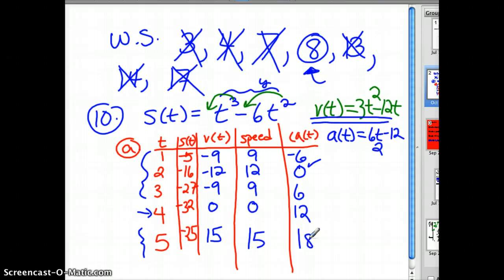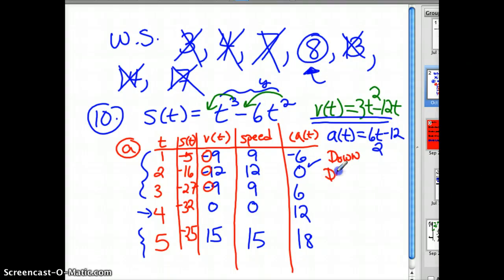So the question is, make a table, which I did, and it says at each of these times specify the direction of motion and whether the particle is speeding up or slowing down. So let's take a look. This is going to give me the direction of the motion. For each of these, it's going left or down, actually in this case, because it didn't say along a line. That's actually a cubic function.